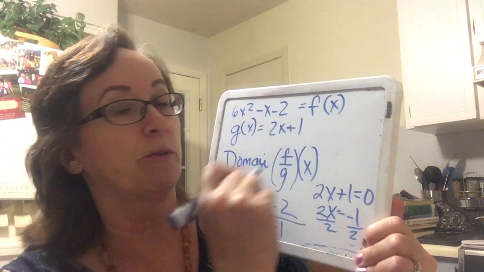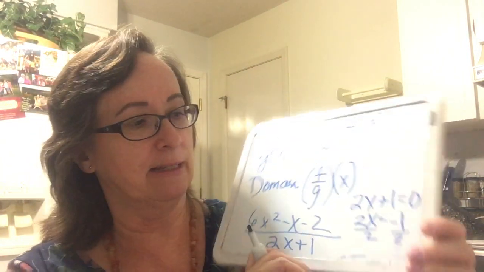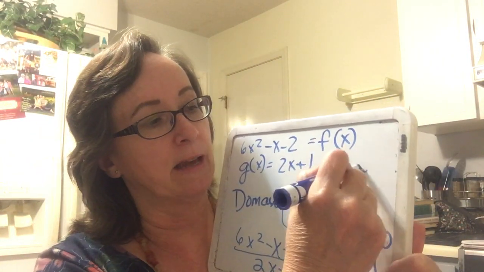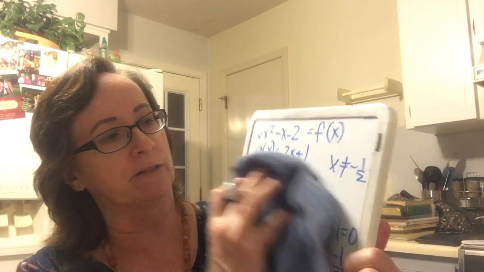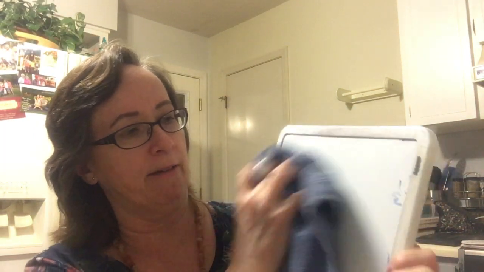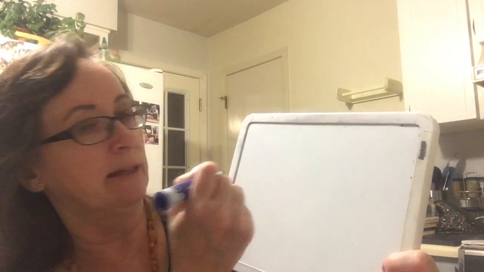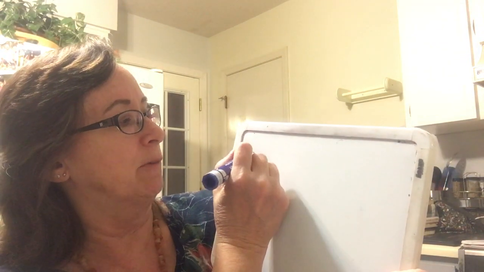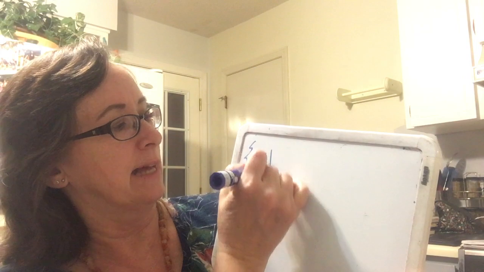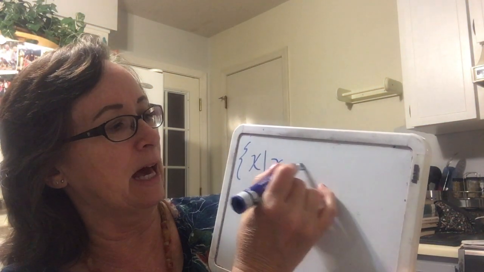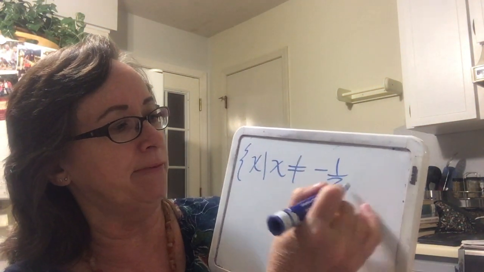All right, so if x could not be negative 1/2, how would I write that in interval notation? Remember that x cannot be negative 1/2. In set notation, it would be the set of all x such that x cannot be negative 1/2.